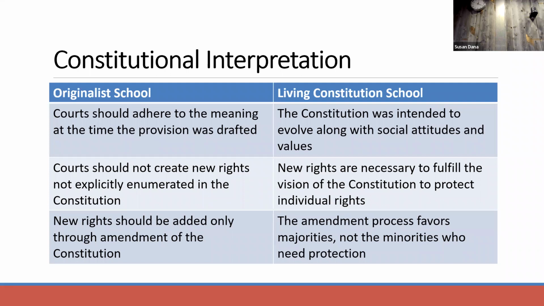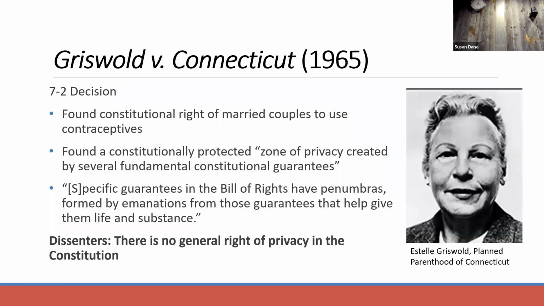cases. So to get to the right of privacy, there were some cases from the Supreme Court in the early 1900s that alluded to privacy, but didn't fully bake the concept. So for our purposes, I want to start in 1965 with Griswold versus Connecticut.